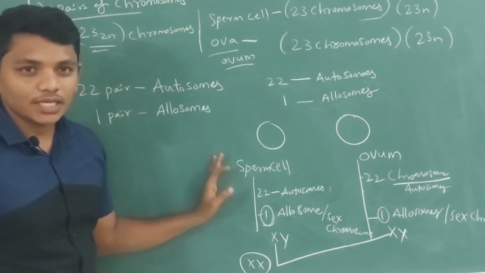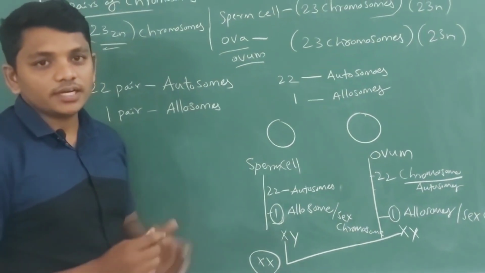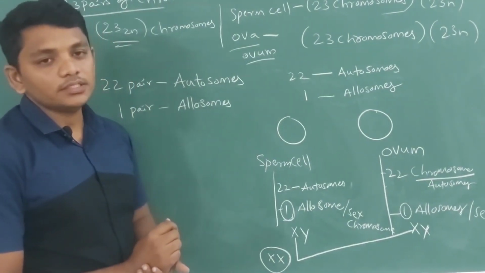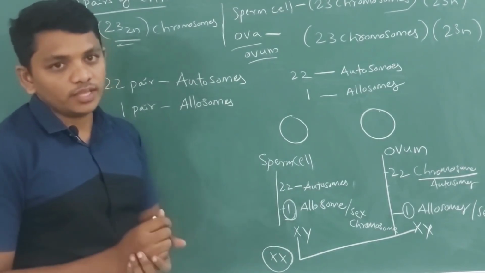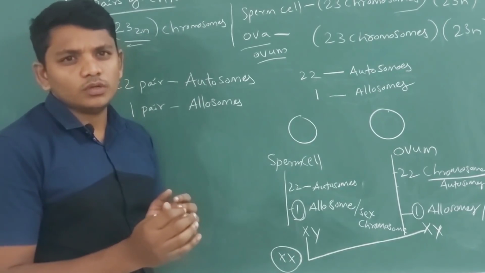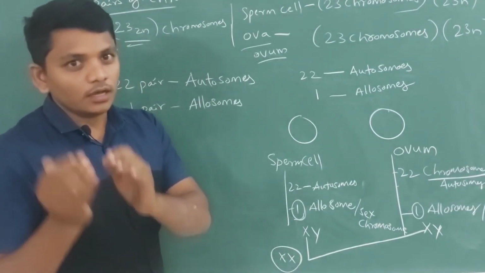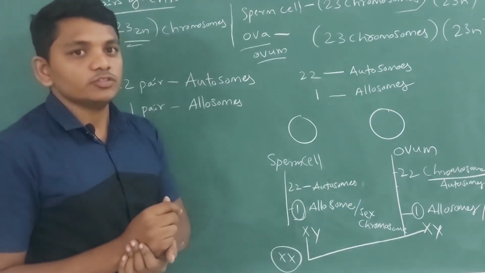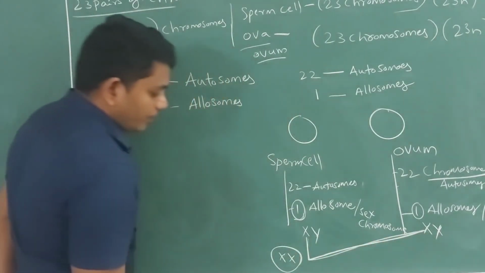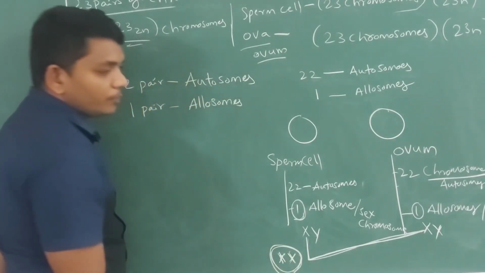Here we are discussing sex determination, how sex determination happens in human beings with the help of chromosomes. In this entire lesson we will discuss only chromosomes and how they are responsible for the changes in progenies and offspring. So if X and X alleles combine, XX forms, which means a female baby will come.